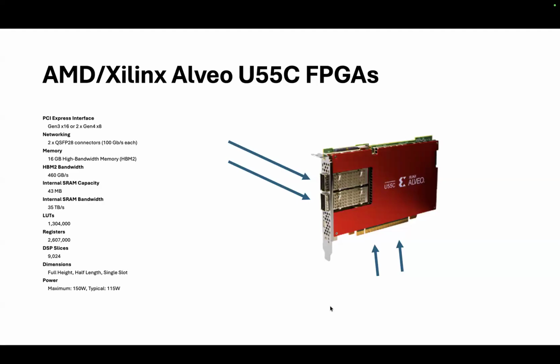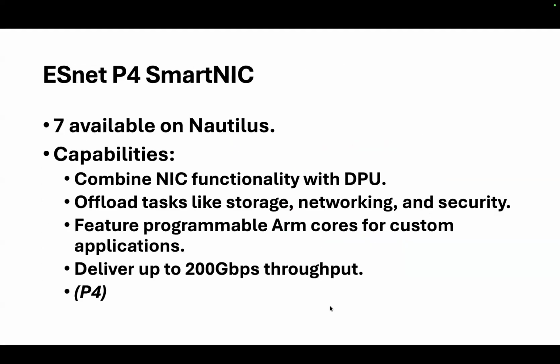That is not that relevant in SmartNIC applications for users working at a higher level, because they see almost identical performance on both cards. It's a full height, half length, single slot card with a typical power usage of 115 watts. And the U280 has a higher power consumption, and I think it's double width, full length. I also could be wrong on this one, I'm just going from memory.